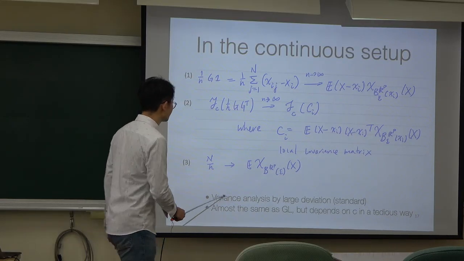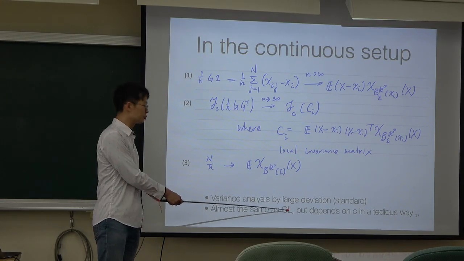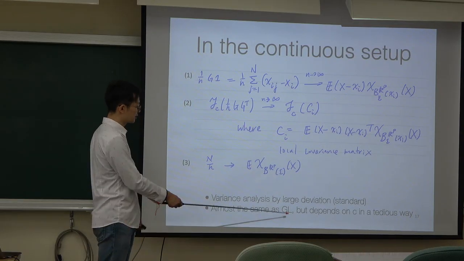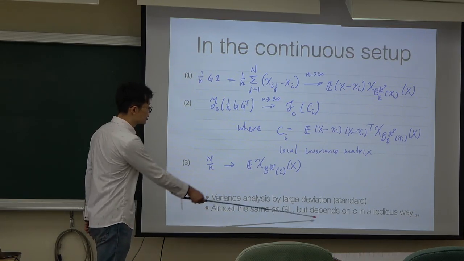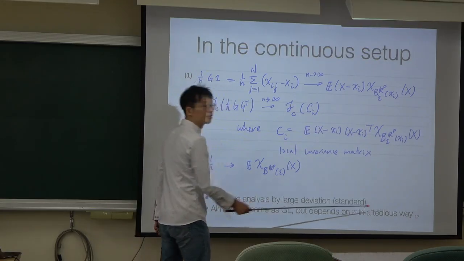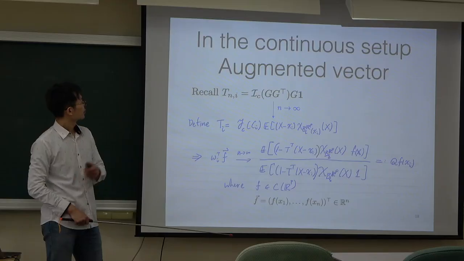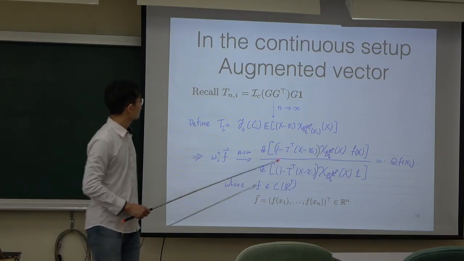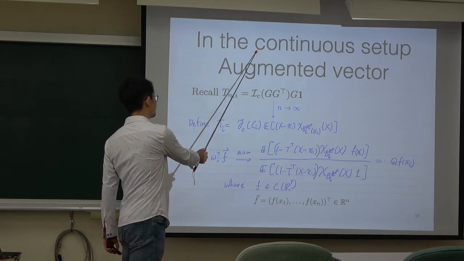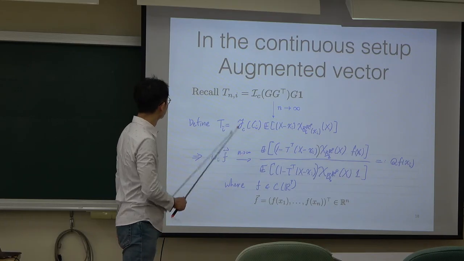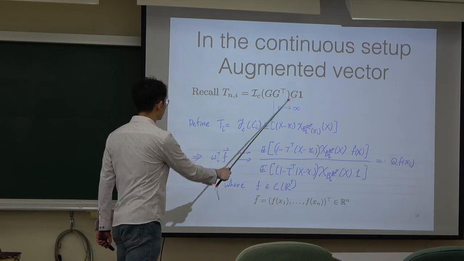We will do some variance analysis, by large deviation, which is standard and almost the same as for the graph Laplacian, but depends on C in a tedious way. We will show the result in the next lecture. Similarly, in a continuous setup, we will have the augmented vector, and this is what we want.